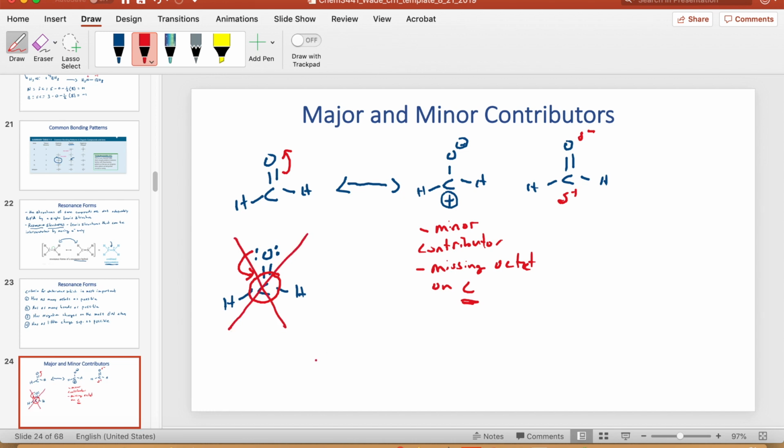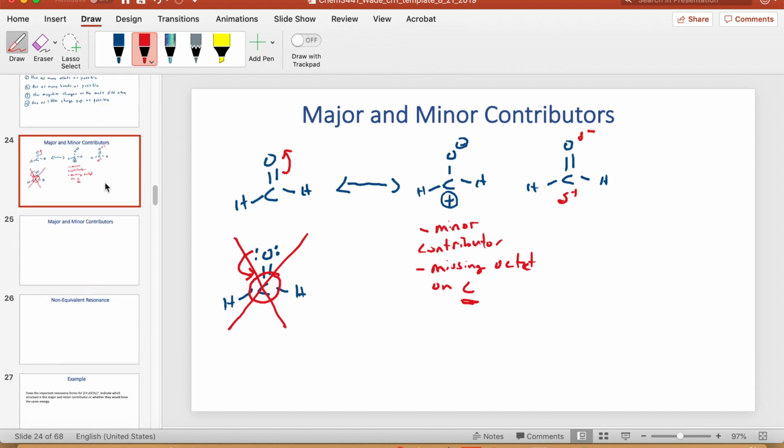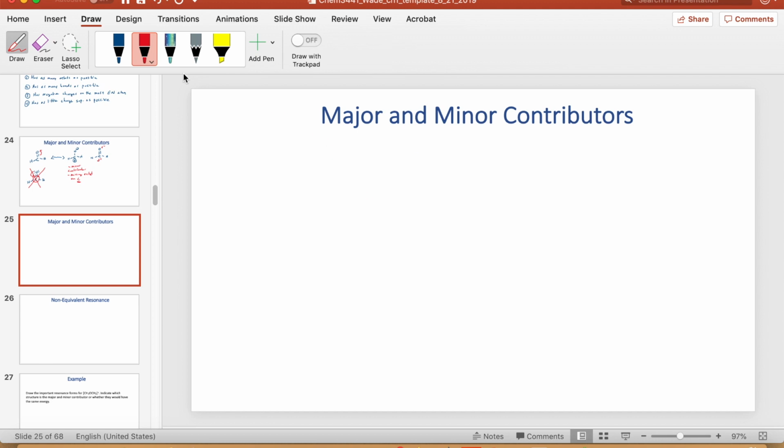Right? There is nowhere for that to go. So the only way that you can draw a resonance structure there, for this molecule, formaldehyde, is by pushing the electrons up to the oxygen and removing them from the carbon, which gives you that minor contributor over there. All right, so let's look at another example here, because resonance structures are important.